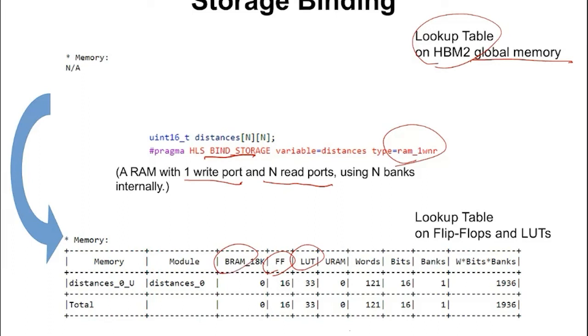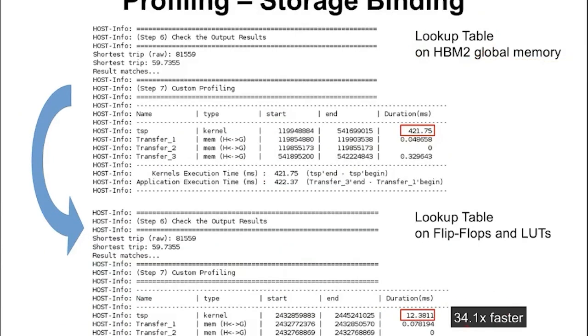We have 11 square words, and each word has 16 bits. After the storage binding, we can see the execution time of the kernel is reduced and becomes much faster, which outperforms the CPU implementation.